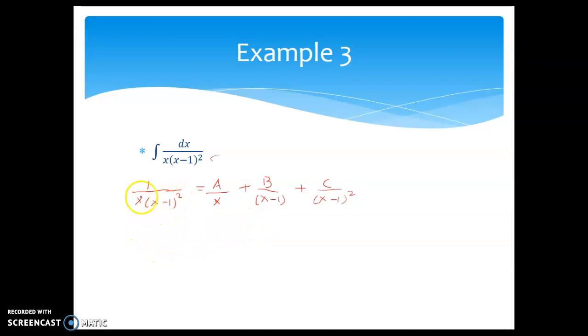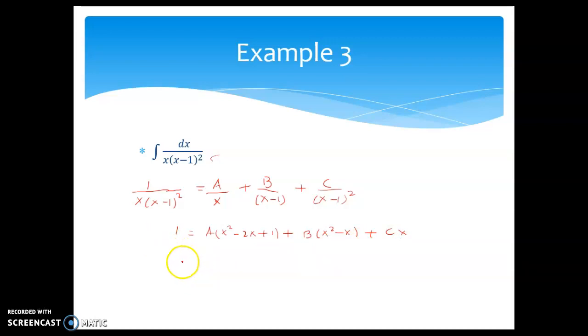And then now we multiply both sides of the equation with x times x minus 1 squared. So then we're going to get 1 equals a times x squared minus 2x plus 1, plus b times x squared minus x, plus cx.